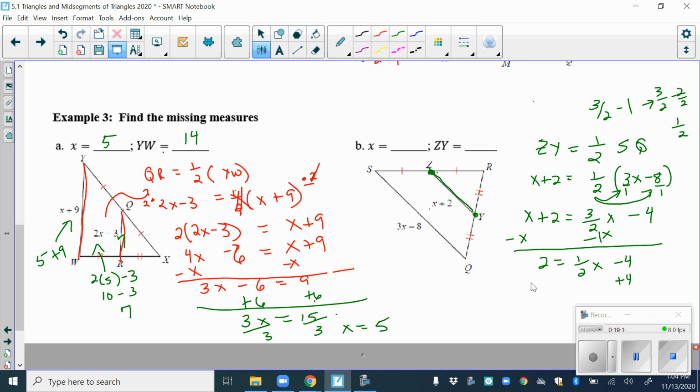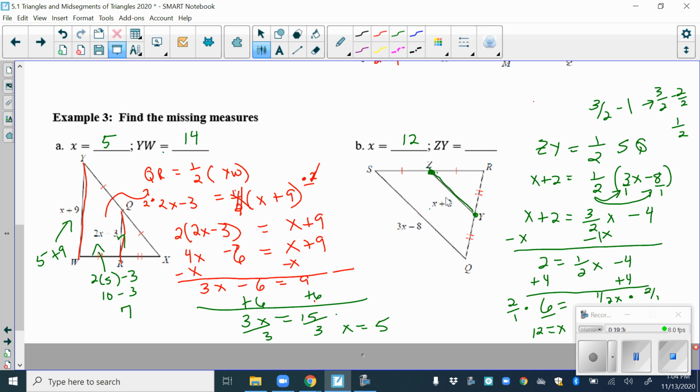Now I add 4 to both sides. I get 6 is equal to 1/2 x. Now, how do I get rid of that 1/2 x? I can multiply times the reciprocal, 2 over 1. 2 over 1 times 6 is 12. So I get 12 for x.